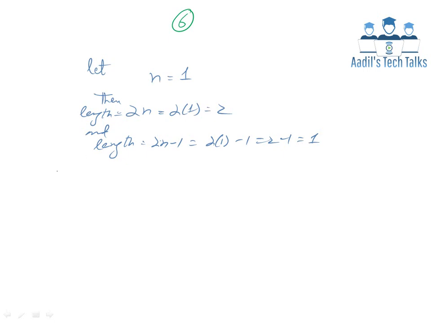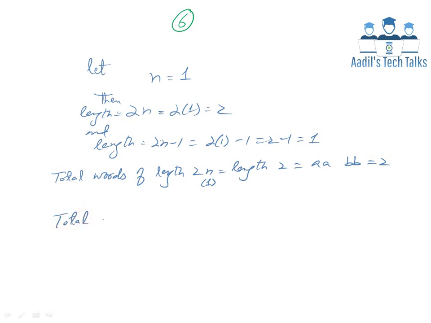Now we see that total words of length 2n, as n is 1, so length 2 are AA and BB, equal to 2. There are only 2 words of length 2 in palindrome.